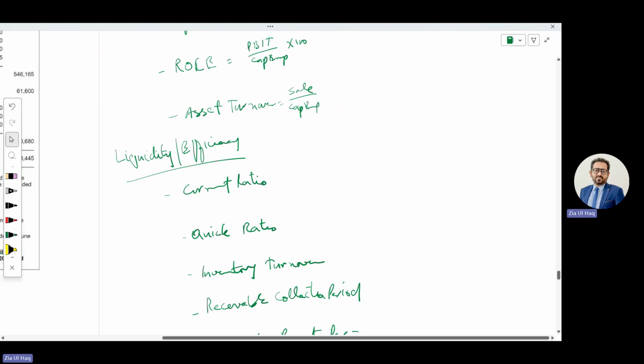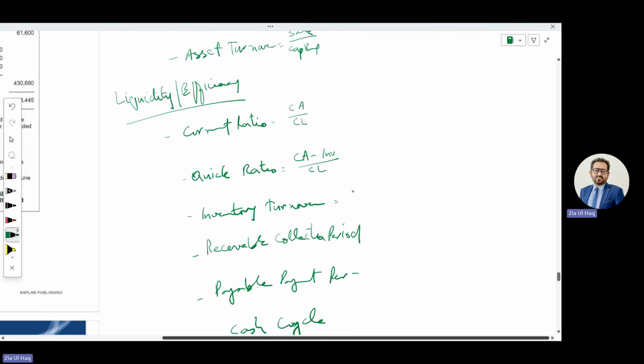Current ratio: current assets over current liabilities. Quick ratio: current assets minus inventory over current liabilities. Inventory period: closing inventory divided by cost of sales into 365. Receivable collection period: receivables over credit sales into 365. Payables over credit purchases into 365.